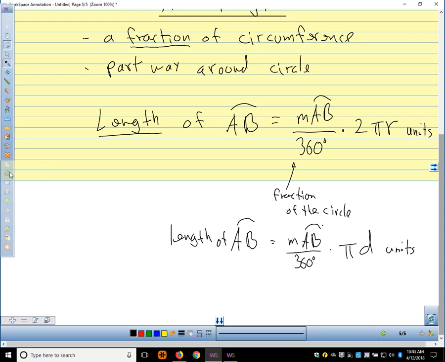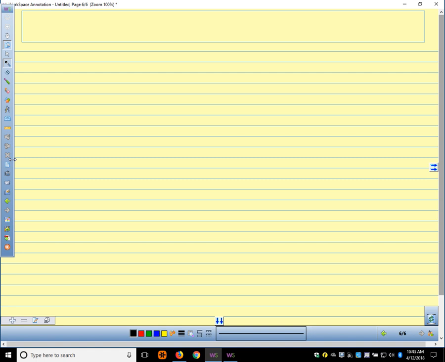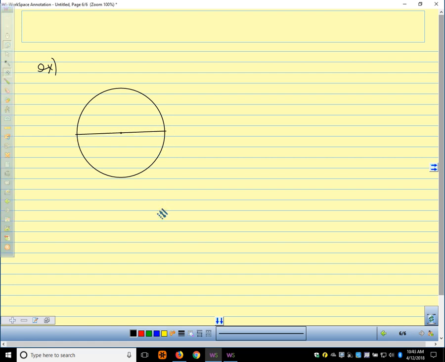All right, so let's look at a couple of examples having to do with arc length. So there's going to be a diameter. I'm going to call that CD. And we'll say that distance is 9 centimeters.